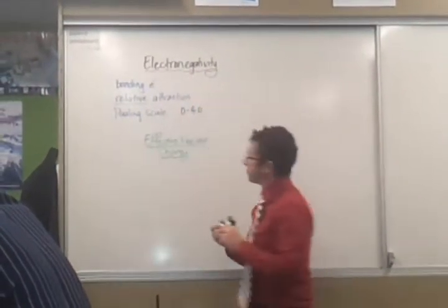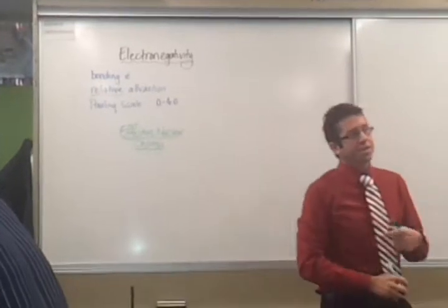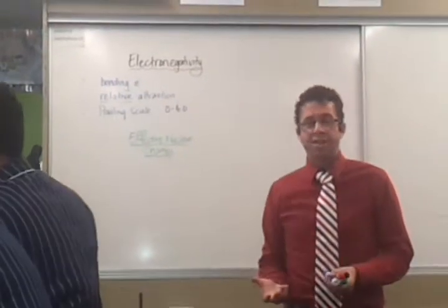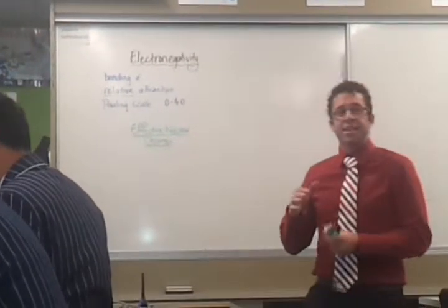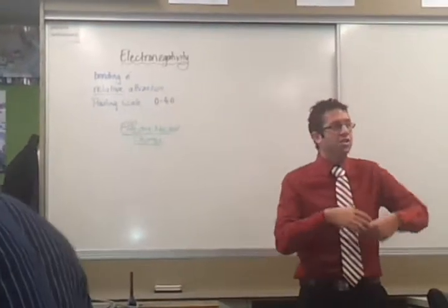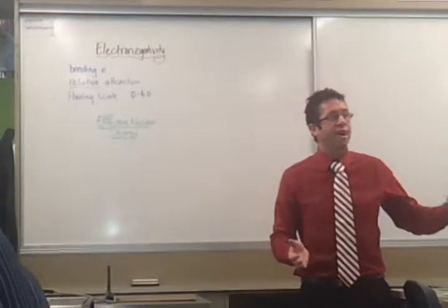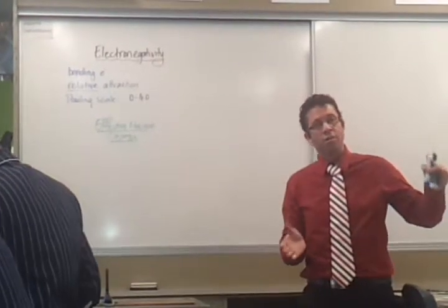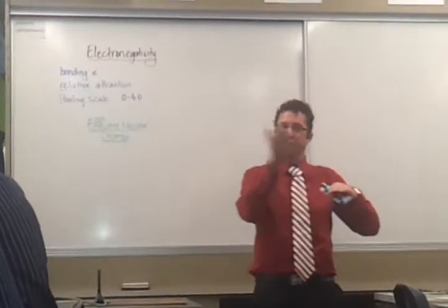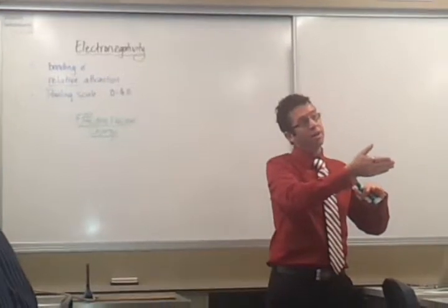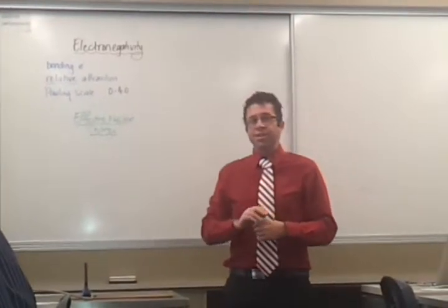The thing that helps us determine the trends on the periodic table is the effective nuclear charge. It's not just the number of protons, it's the number of protons and how far away the bonding electrons are from that nucleus and how much shielding there is from other electrons at lower energy levels. So those three things come into it.